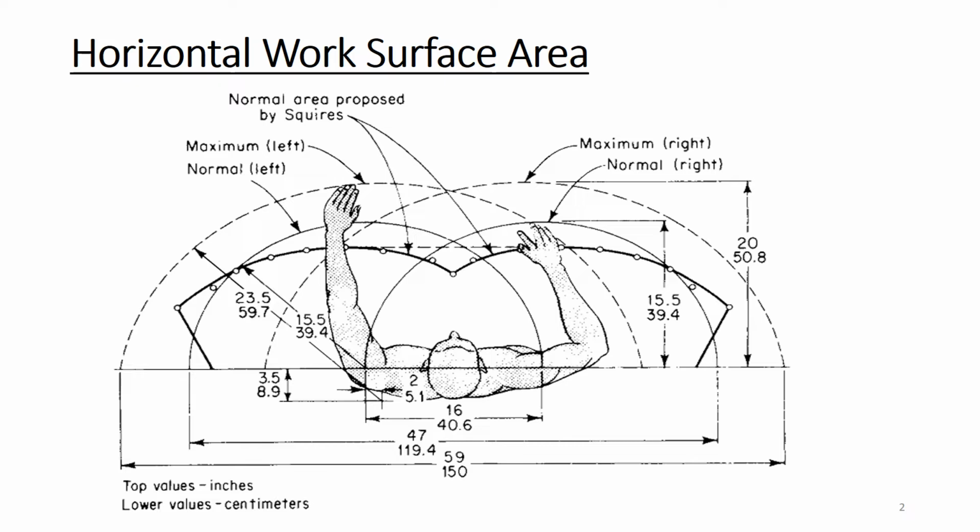One, as you can see in the figure, is the normal area, and the other one is the maximum area. The dimensions given, as you can see here, the top values are in inches and the lower values are in centimeters. So we will now look into what these two areas mean, and how they are crucial in the design of horizontal work surface.